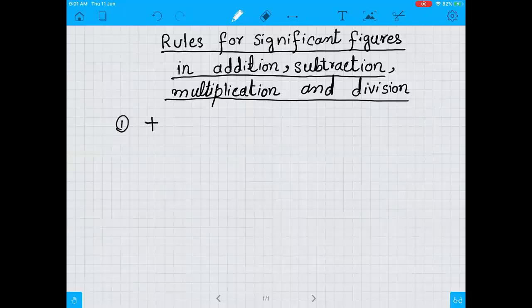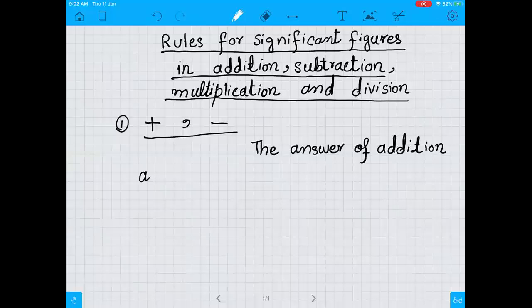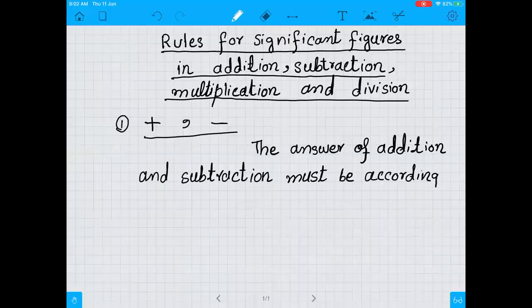When you add and when you subtract, the answer of addition and subtraction must be according to the least precise data.